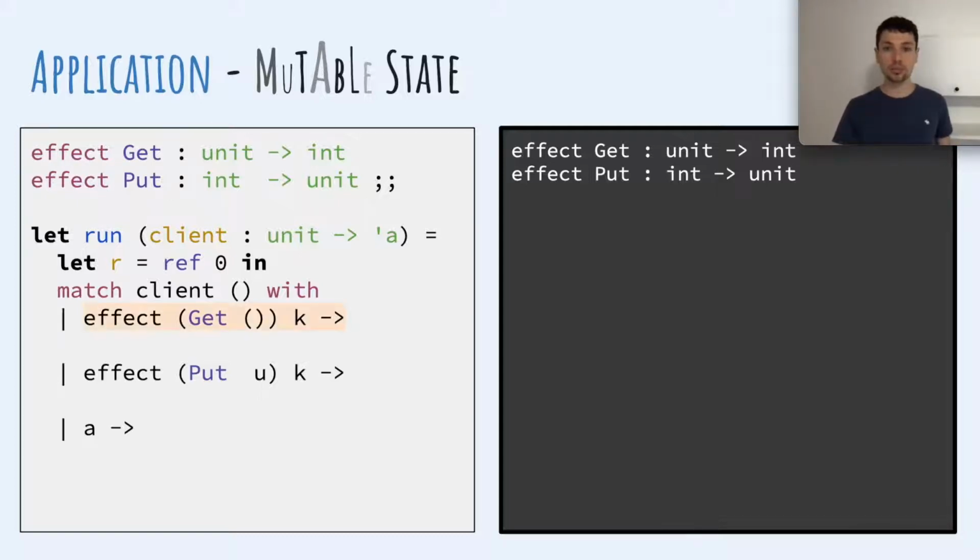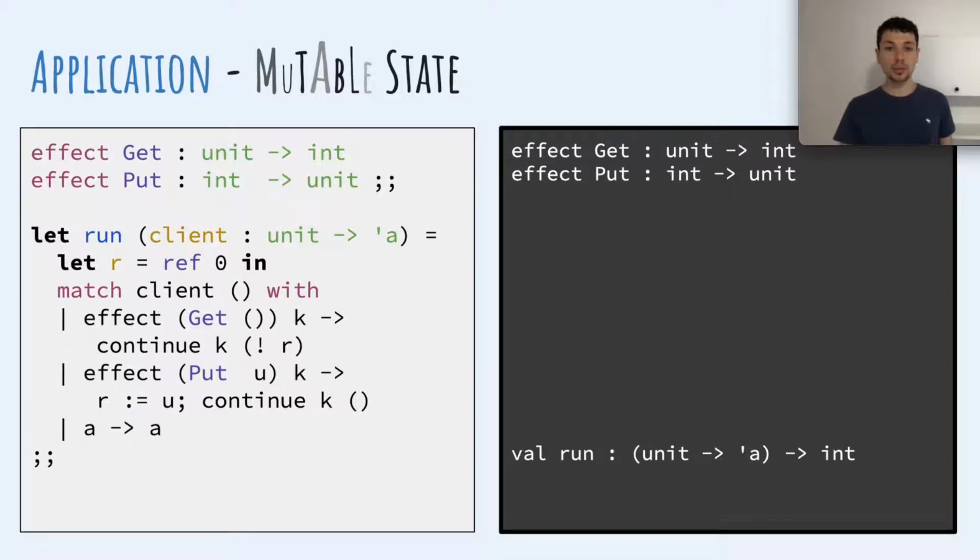If the client performs a get effect, we are going to read the reference and call the continuation with this reading. If the client performs a put effect, we are going to first update the reference and call the continuation with unit. The third branch is the case of normal termination of the client, and in this case we are going to simply replicate its output.